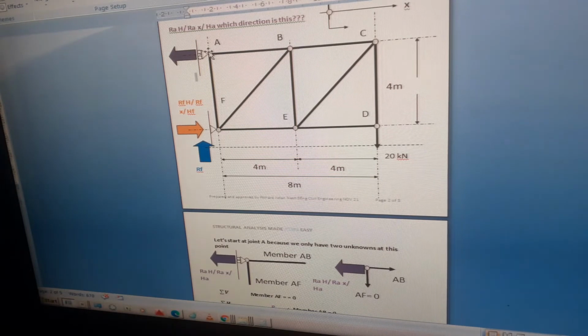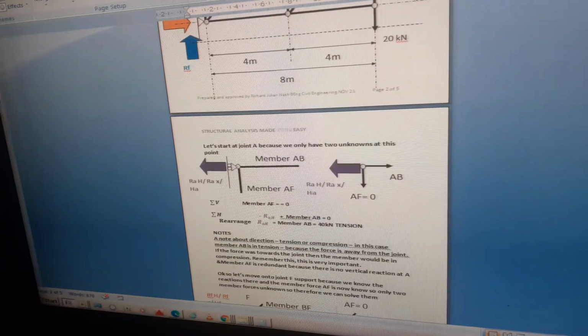If you start at A, you've got AB and AF only, or even if you start at D, you could start at D because you've got two unknowns. But I say start at A because I just worked out the support reaction. So let's start at joint A.